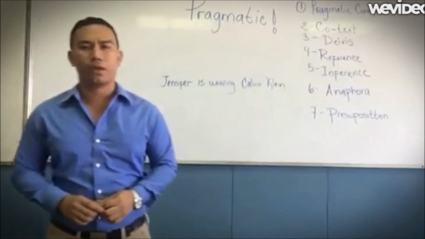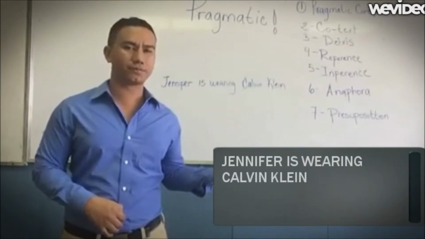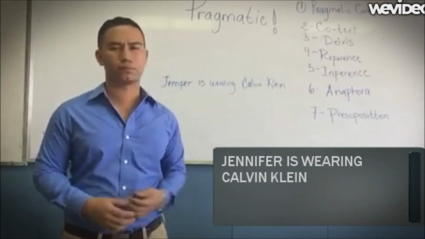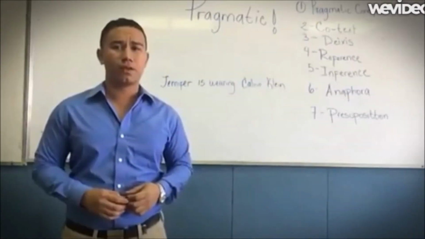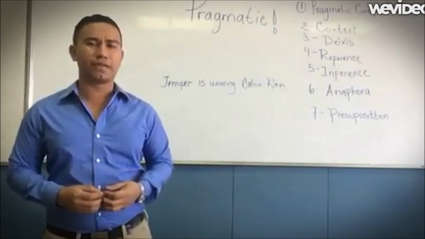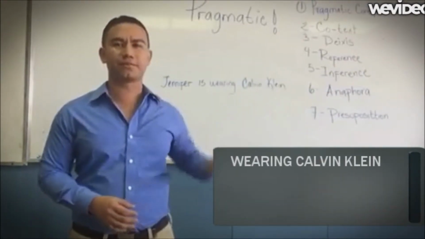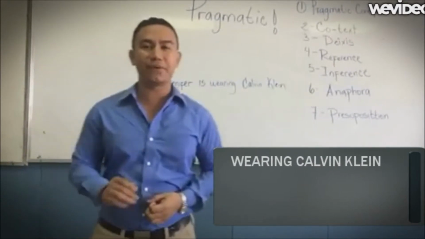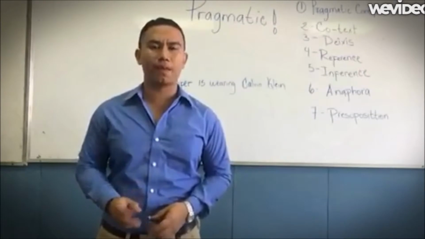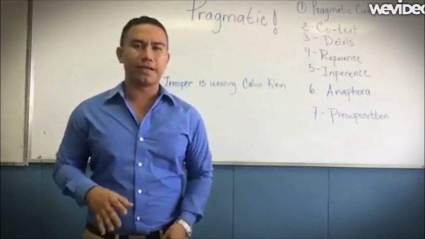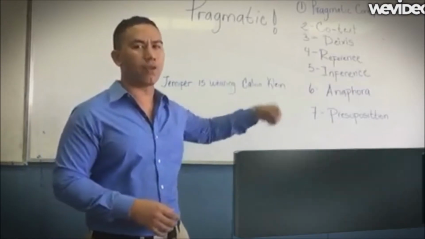Here, one example. Jennifer is wearing Calvin Klein. In this example, we can say that the reference is wearing Calvin Klein, and the inference is made by the listener. So that means that she is wearing clothes of Calvin Klein.